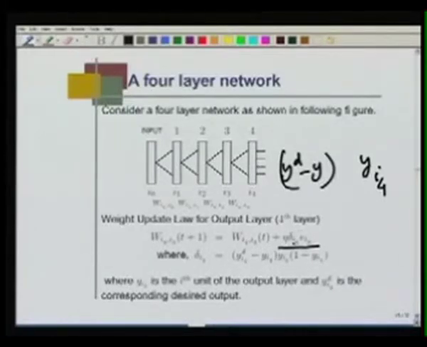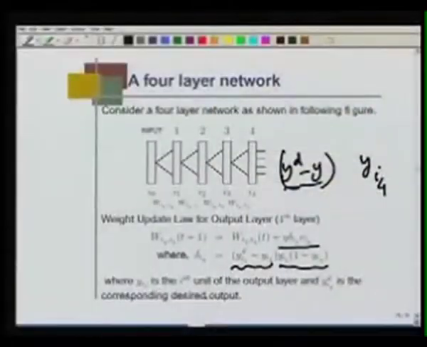And what is delta_i4? Delta_i4 is obviously (y_i4 desired minus y_i4) into y_i4 into (1 minus y_i4). This is my error that I computed here, and this is transformed because of the sigmoidal activation function. If we have a linear activation function, this particular term will not be there. So this is the update rule for the last layer, the output fourth layer.